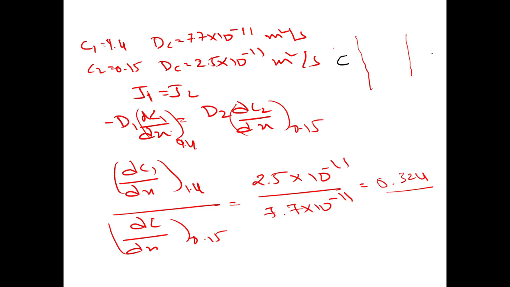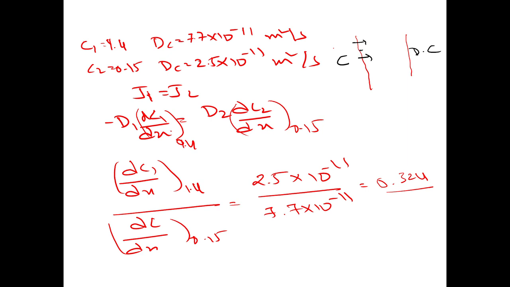This is the carburizing side and this is the decarburizing side. So the concentration gradient on the carburizing side is lesser than on the 0.15 side.